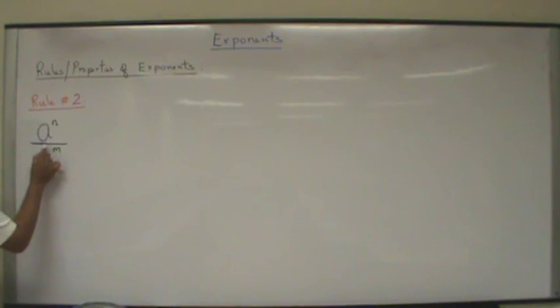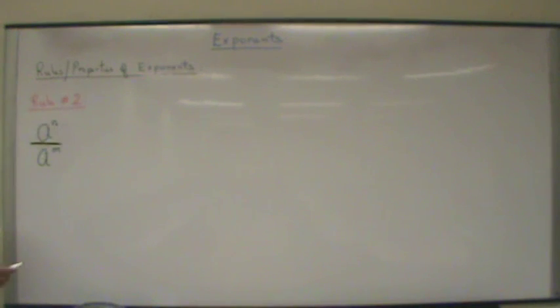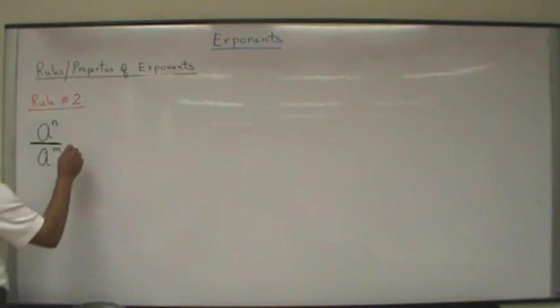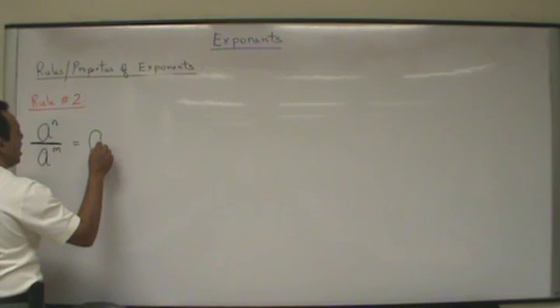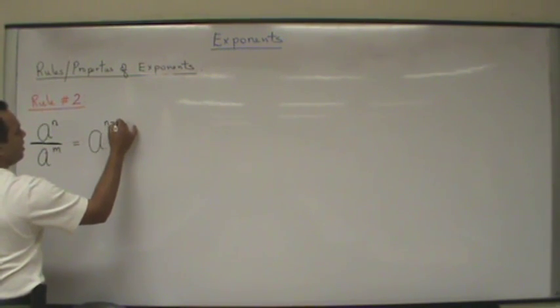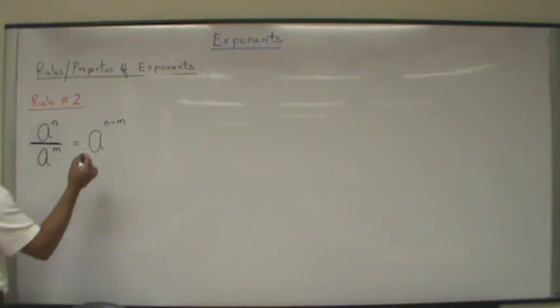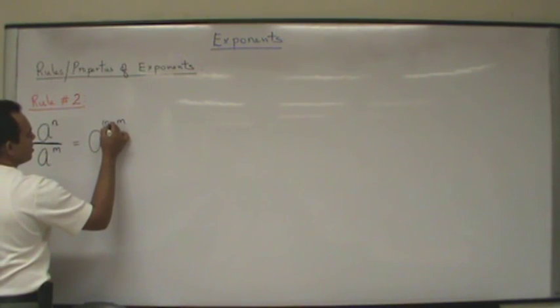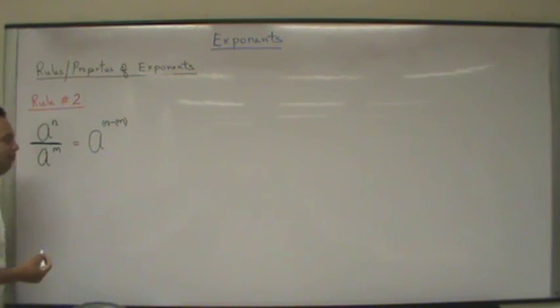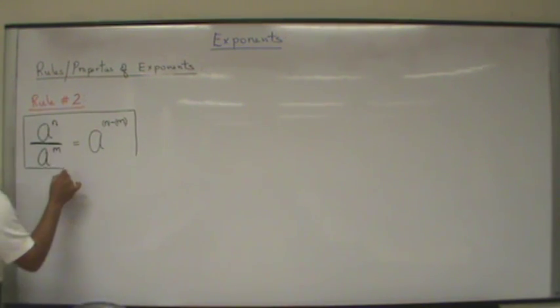Well, once we're dividing, because we know the bar here means divide, when dividing, the bases are the same, we will keep the base and we will subtract the numerator exponent minus the denominator exponent. Numerator exponent minus denominator exponent. And I always like to keep these in parentheses for simplicity's sake. Okay? Numerator minus denominator. So there's my rule.